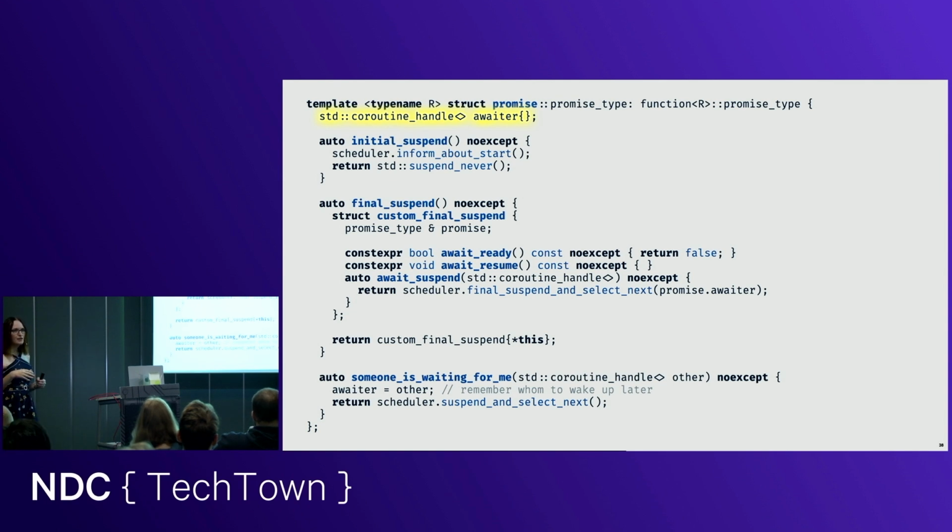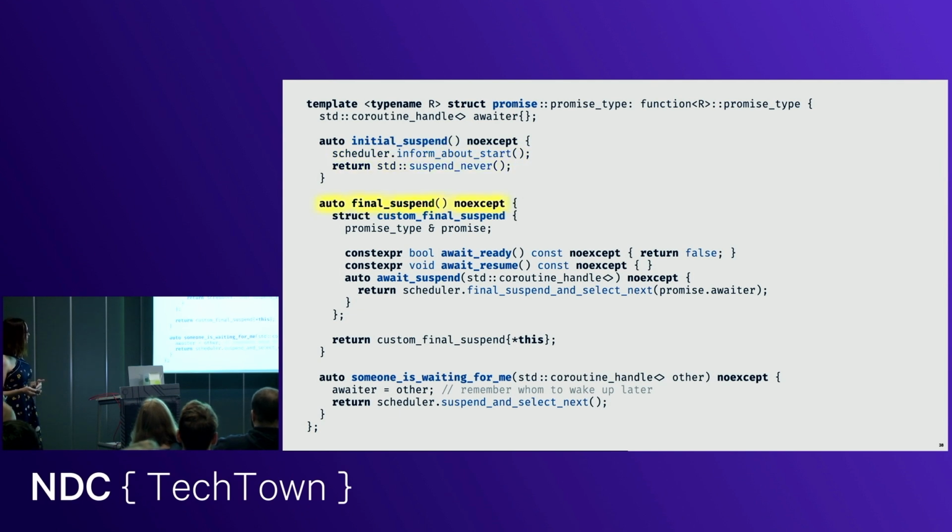So when I'm finished, I can actually jump there directly. And with initial_suspend, I'm doing a nice trick. I will let my scheduler know that I'm starting a new coroutine. This is an interesting thing to do with initial_suspend, and then I will never suspend.